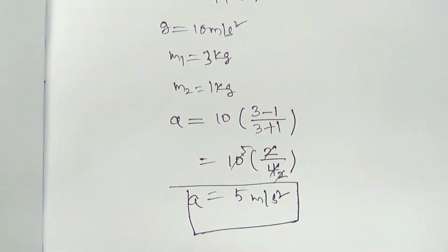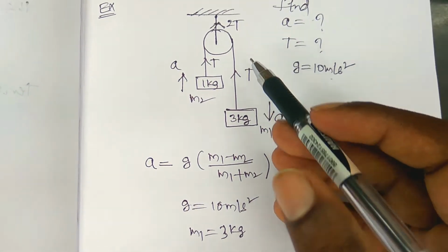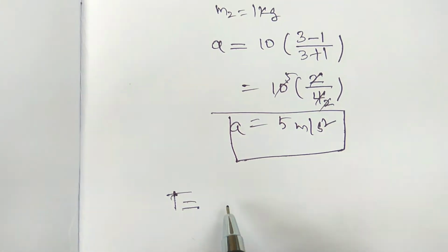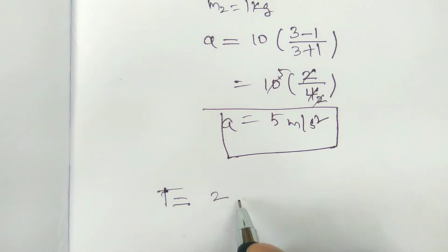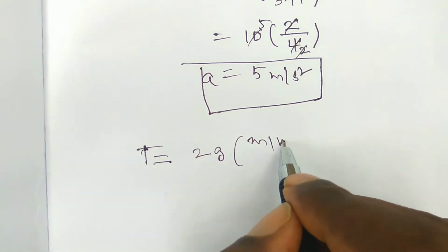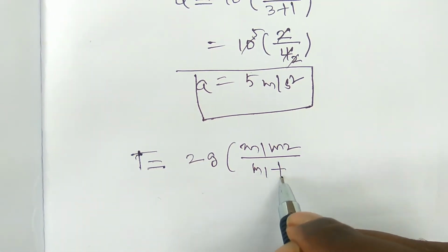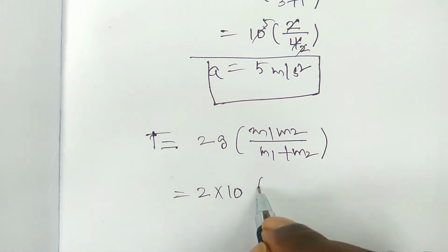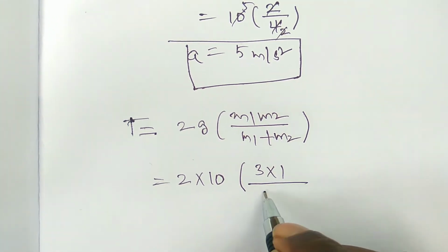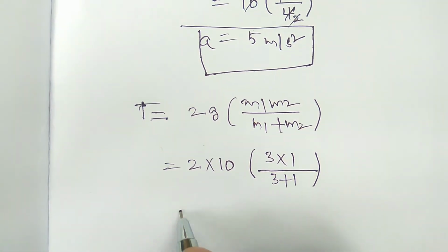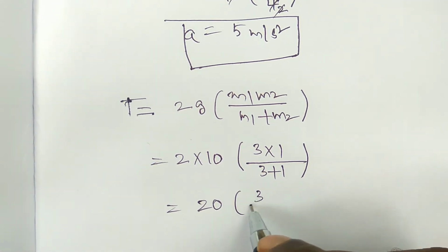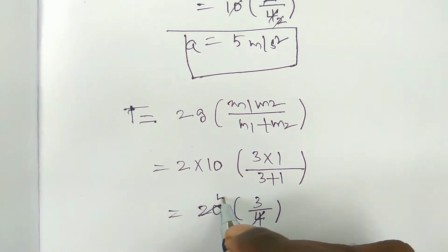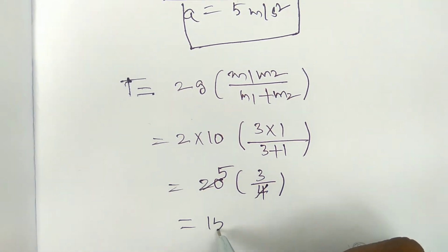And now we have to find the tension in the string. Tension T, we already derived it: T = 2g·m1·m2/(m1 + m2). This is the tension in the string. Here g is 10, and m1·m2 is 3 × 1 over 3 + 1. So we can write 20 × 3/4, which is 15 newtons.